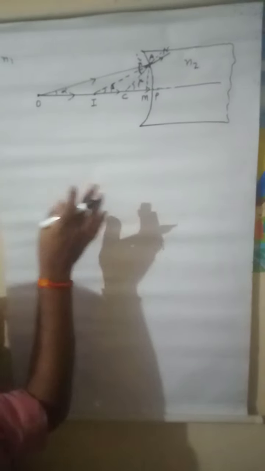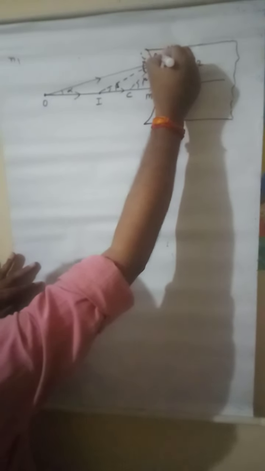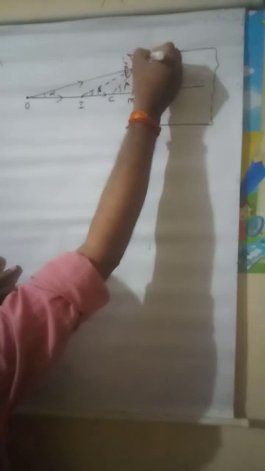But the aperture of the refracting surface is small, and therefore point A will be very close to P, and hence point M will be almost at point P. And in this way, alpha, beta, gamma, i and r. r means the angle of refraction, and this angle of refraction is shown here.